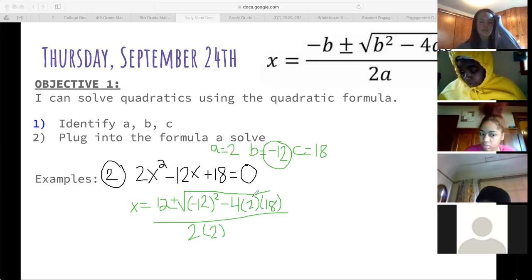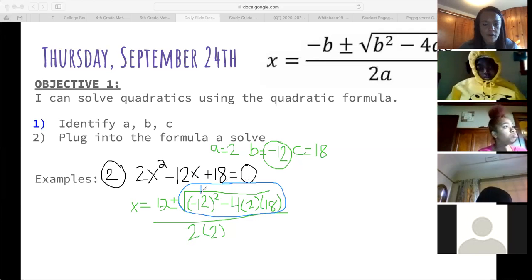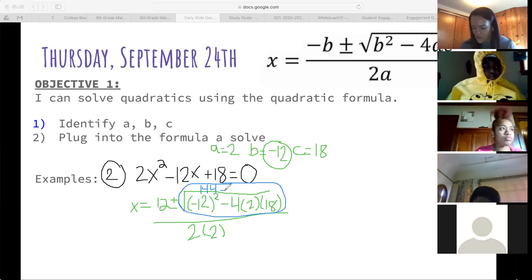Okay, and if you remember the first step I told you to do was to get this radical down to 1 number. That's the first task here. So negative 12 squared, or 12 squared, is going to be 144. Okay, and then minus, and now we want to do 4 times 2 times 18. I'm just double checking myself here.